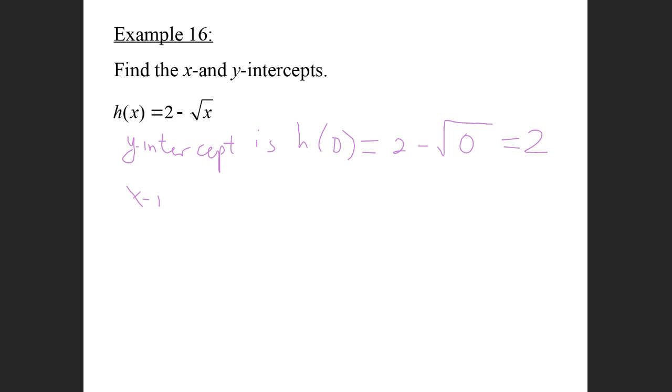Now x-intercept. Just replace h of x with 0. So 0 equals 2 minus radical x. Move this to this side.